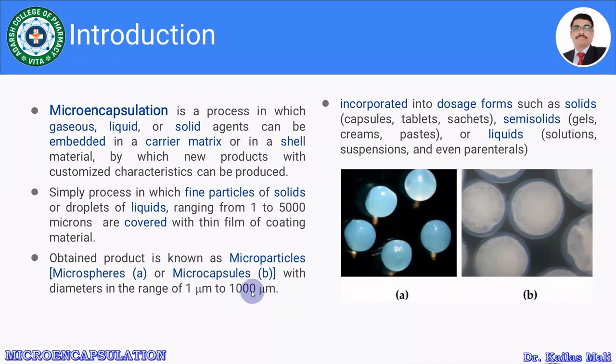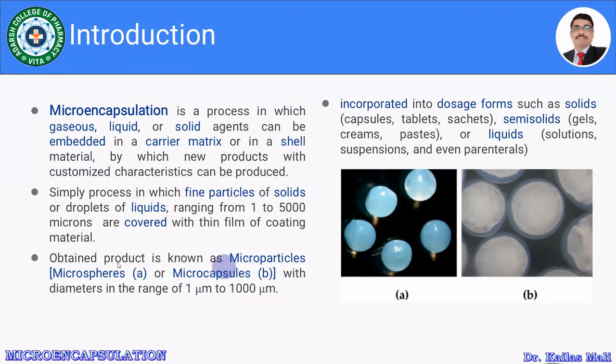If the size is above 1000 micrometers, then it is said to be macroparticles. When the size ranges between 1 micrometer to 1000 micrometers, then and only then is it said to be microparticles.